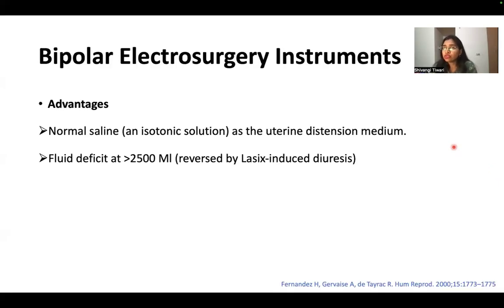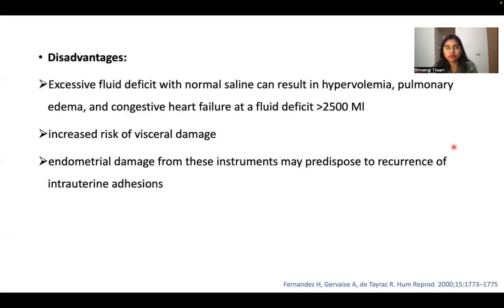Next is bipolar electrosurgery instrument. Some people use this also. Its advantage is that, unlike the monopolar instrument where we have to use glycine or sorbitol, in bipolar we can use normal saline, which is an isotonic solution, as the uterine distension media. The fluid deficit level allowed is also higher, at 2.5 liters, and is easily reversed by Lasix-induced diuresis.